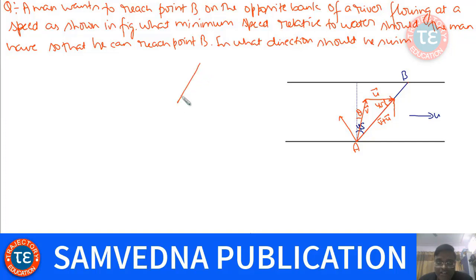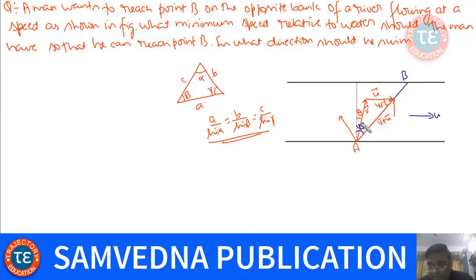Now, if I apply the law of sines, it says in a triangle with sides A, B, C and opposite angles alpha, beta, gamma, A upon sine alpha is B upon sine beta and C upon sine gamma. So you see this is A, opposite angle sine alpha, B opposite angle beta, so B by sine beta, C opposite angle gamma, so C by sine gamma. This is something which you will study in trigonometry.